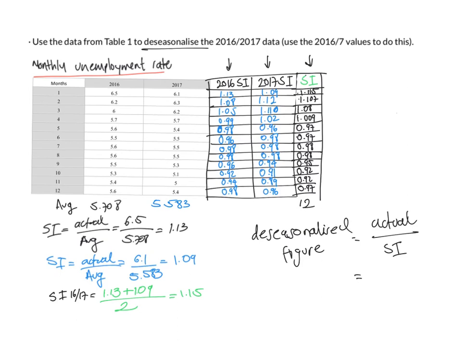So for our first value, month number 1, the actual value for 2016 is 6.5, over the seasonal index of that month, which is 1.115, and that gives me an answer of 5.826.